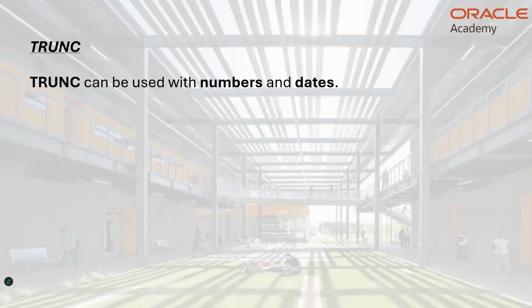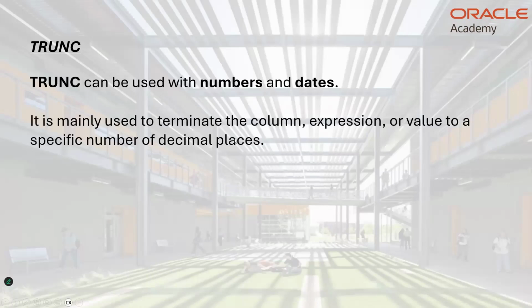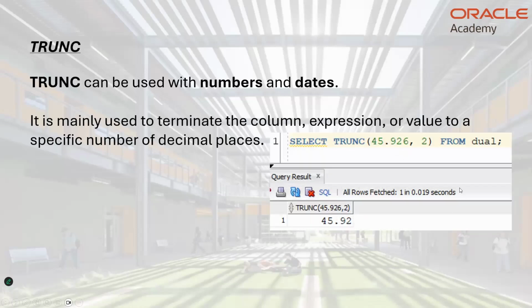Trunc can be used with numbers or dates, and it's mainly used to terminate, or cut off, an expression or value at a specific number of decimal places. So take a look at this using trunc, our same number, 45.926. It's just going to truncate that to 2 decimal places to the right.